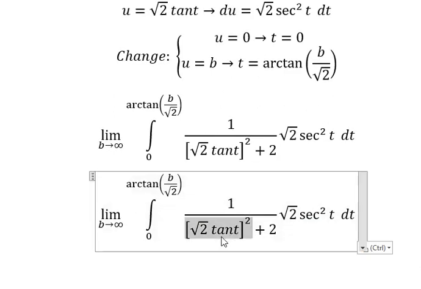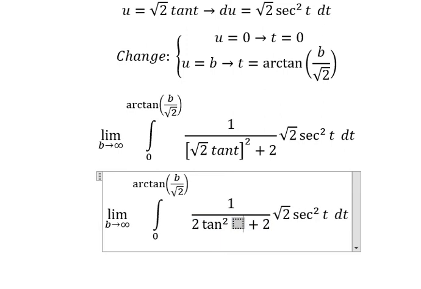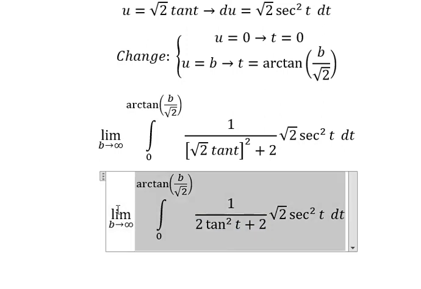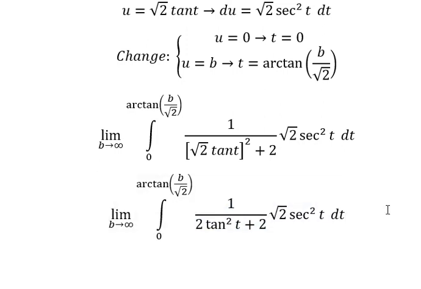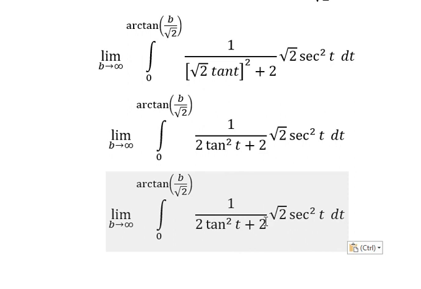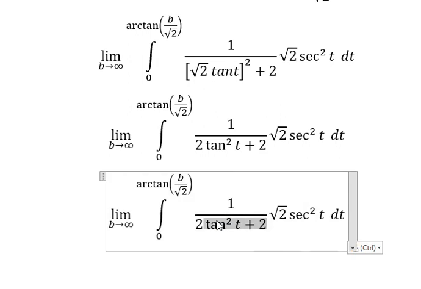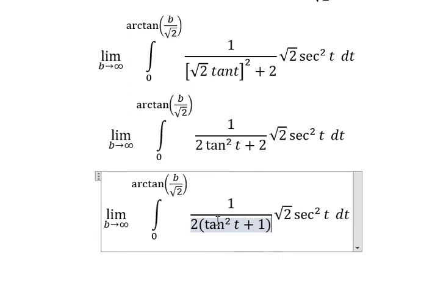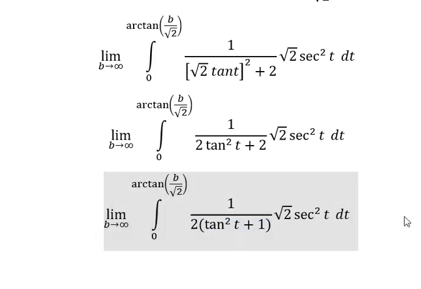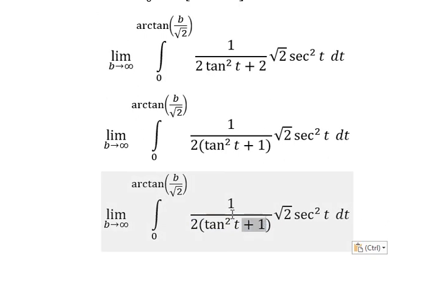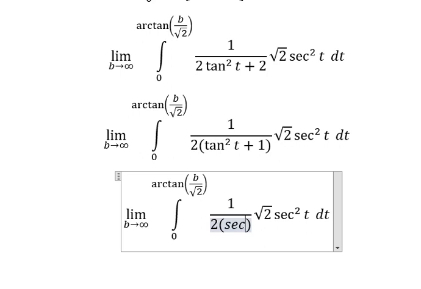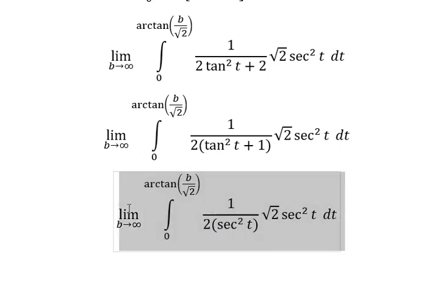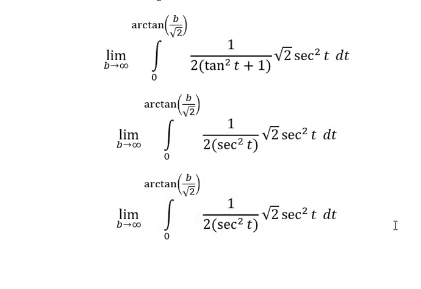And with this one we get 2 tan t squared, 2 and 2 we can factorize. And this one we change for secant of t squared. We simplify secant of t squared on numerator and denominator.